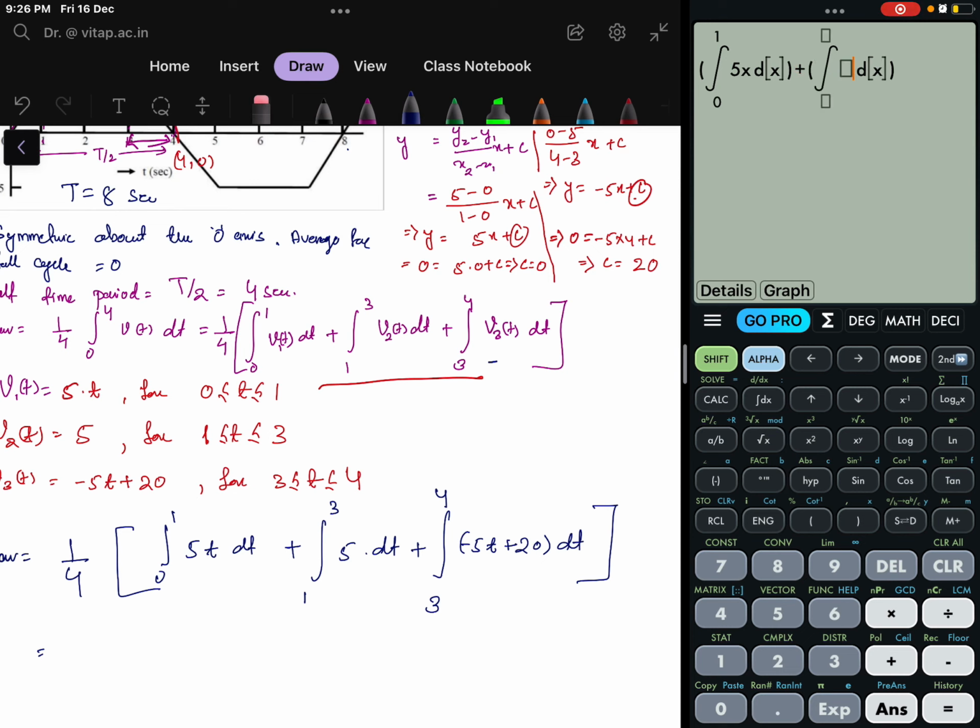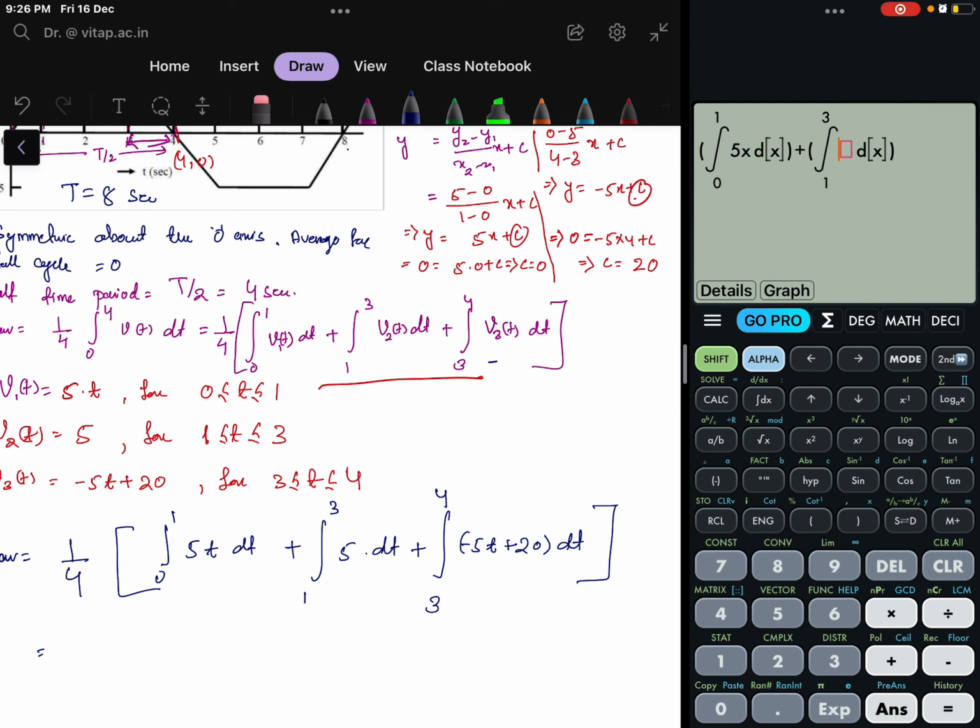I will write inside the integration, the range is from 1 to 3 and here the value is only 5, dx, plus again in brackets the integration from 3 to 4, and here the value in brackets is minus 5x plus 20.